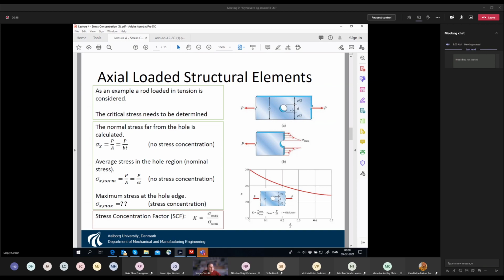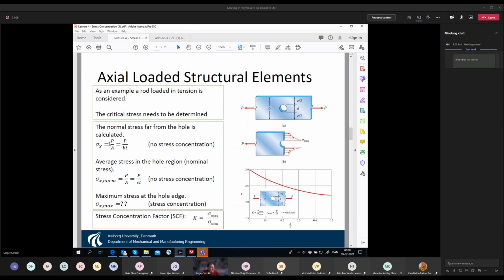So we have this force, and then we have this distribution of stresses, and then we have this stress somewhere here, far away from the stress concentrator.